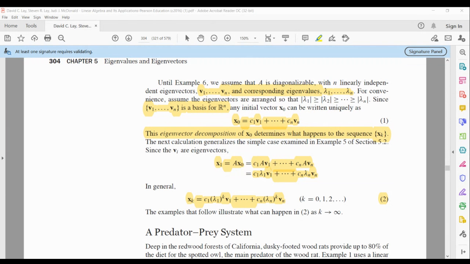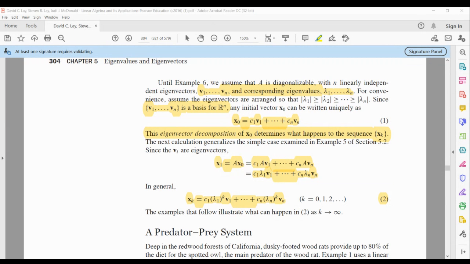Okay, Eleanor recalls that in our discussion. So I already set the groundwork for this particular result, and the result in 2 is very, very important, because based on that we can let k go to infinity and study how the vector x sub k behaves as k goes to infinity. In other words, what would the evolution of the system be?